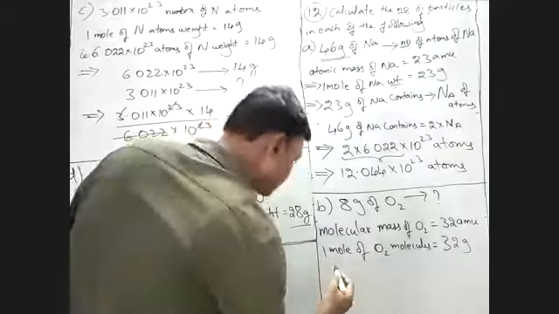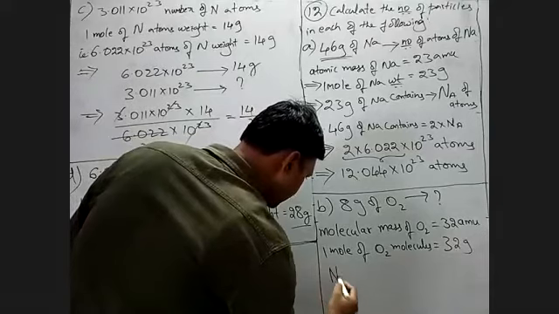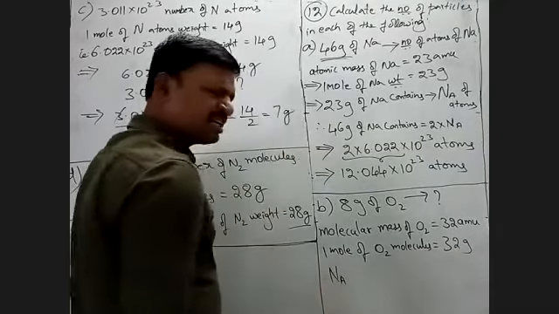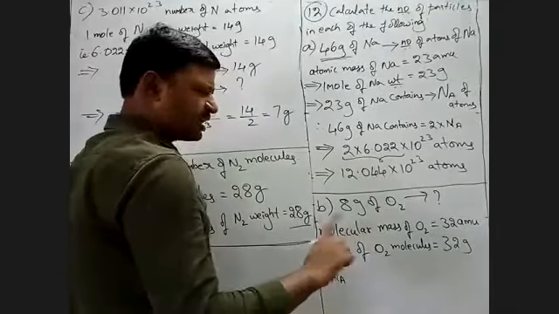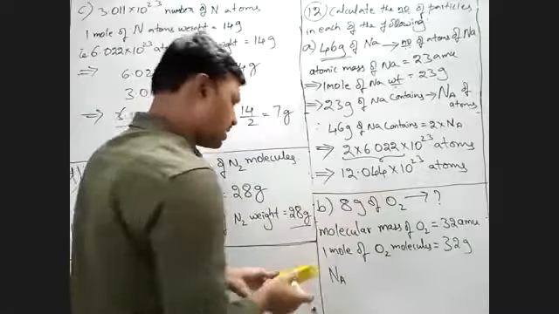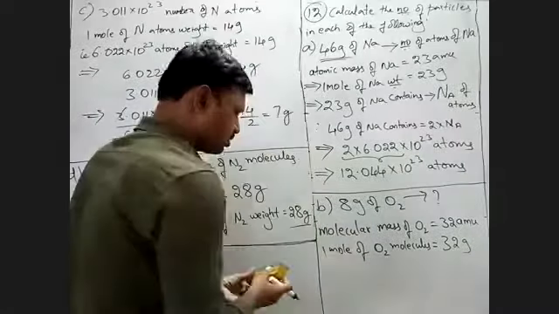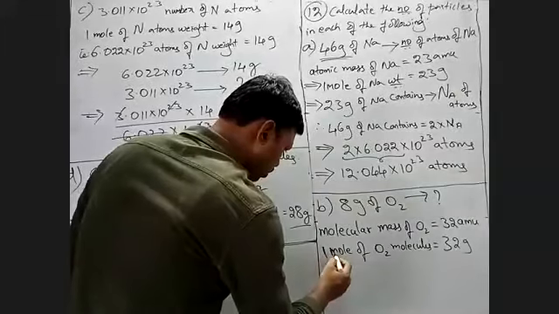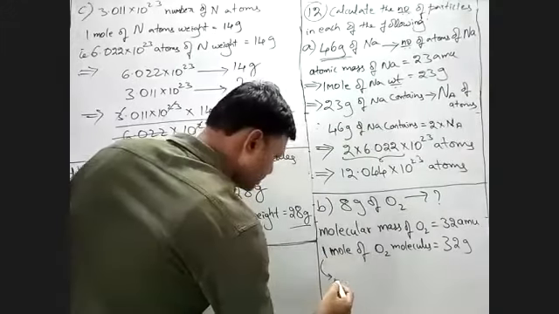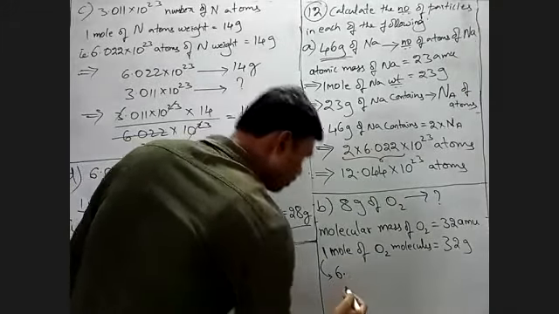1 mole means what again? Na. I am writing Na. Shall I write Na or 6.022? If I write 6.022, you will not be confused, no? Okay, I will proceed with 6.022. So I will come in reverse.